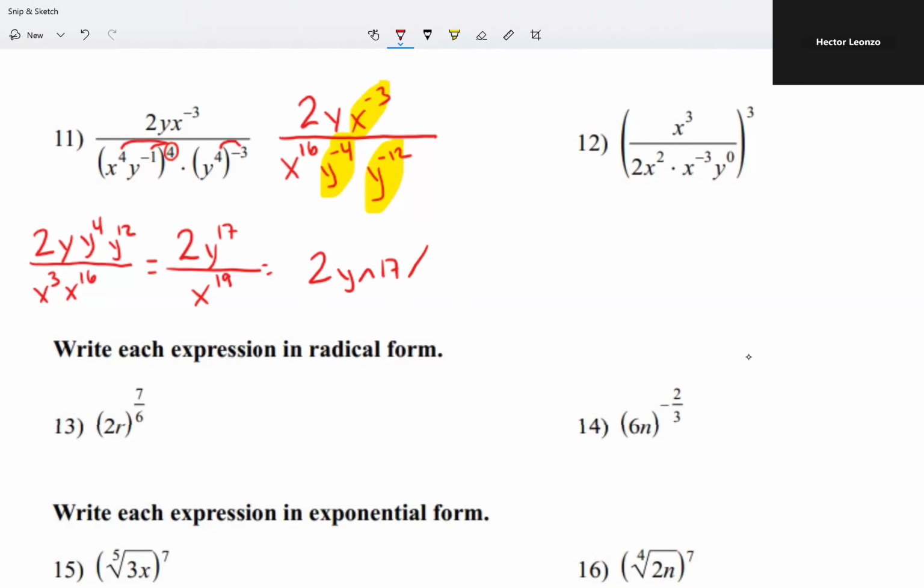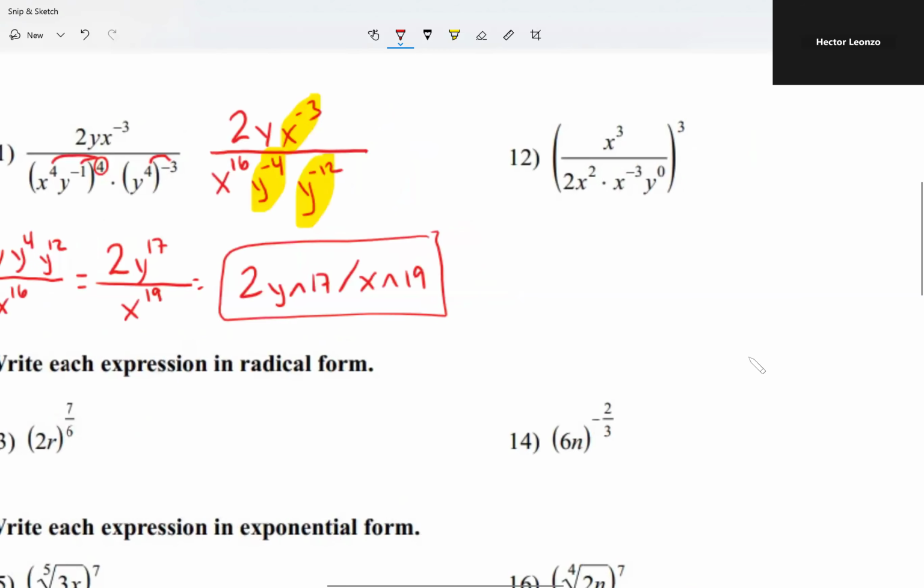I do this slash, and then everything that is at the bottom of the fraction, in this case, x to the 19th. If I have both letters on the top or both letters at the bottom, on the same side, alphabetical order, the x term will come first. Okay, so 2y to the 17th over x to the 19th.